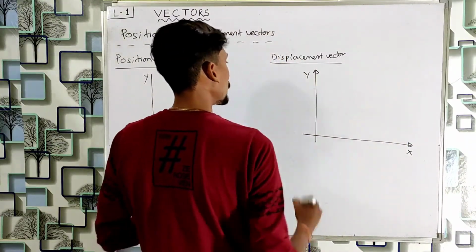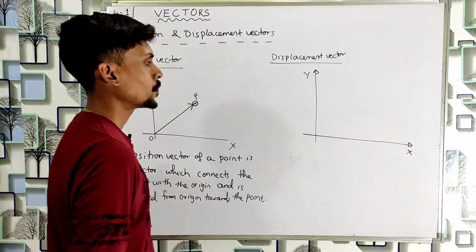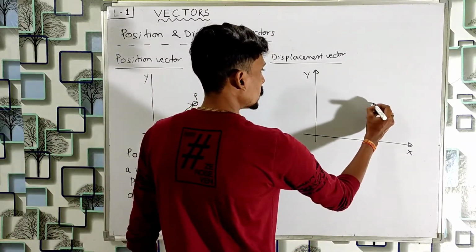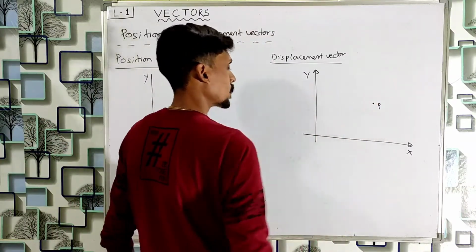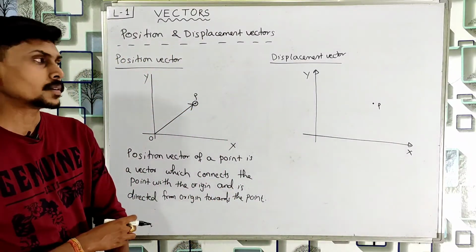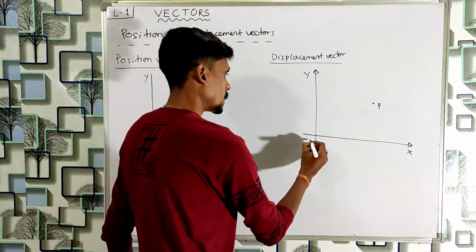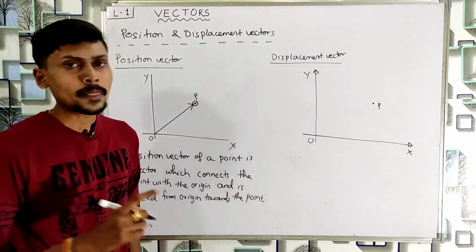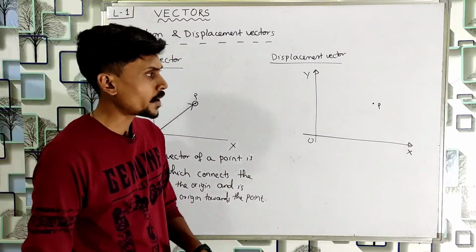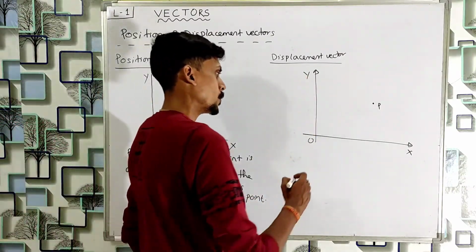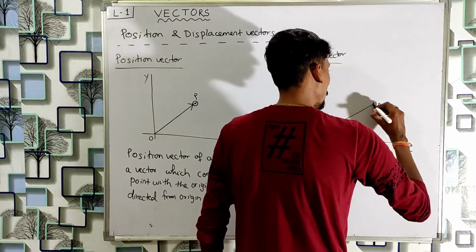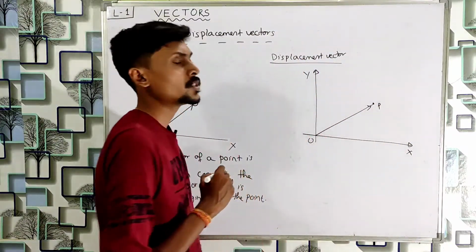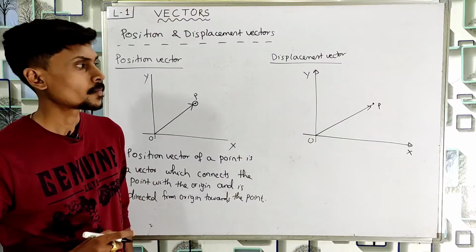Suppose initially the particle was at point P, and this is the origin. So when the particle was at point P, the position vector was this one.